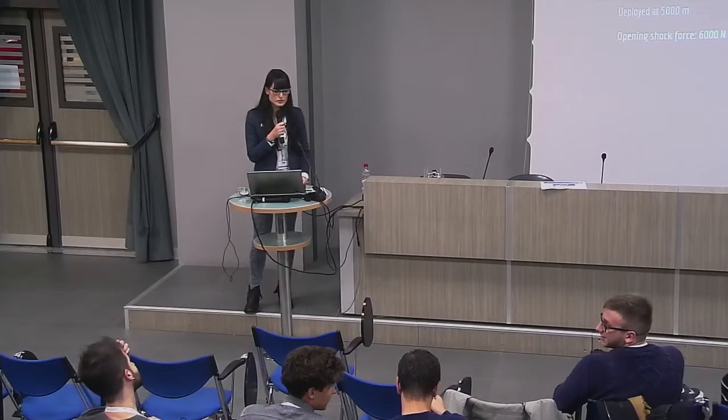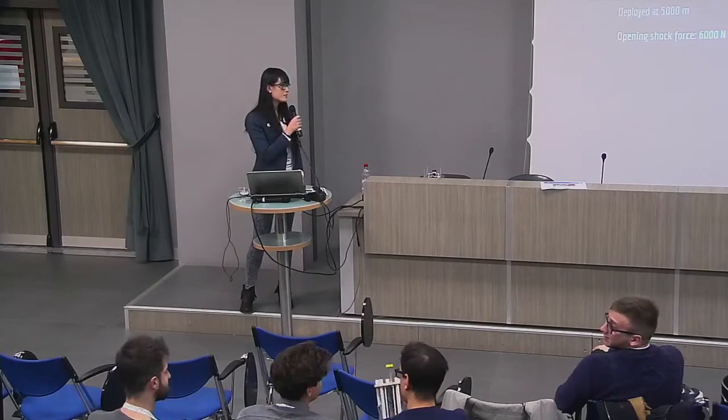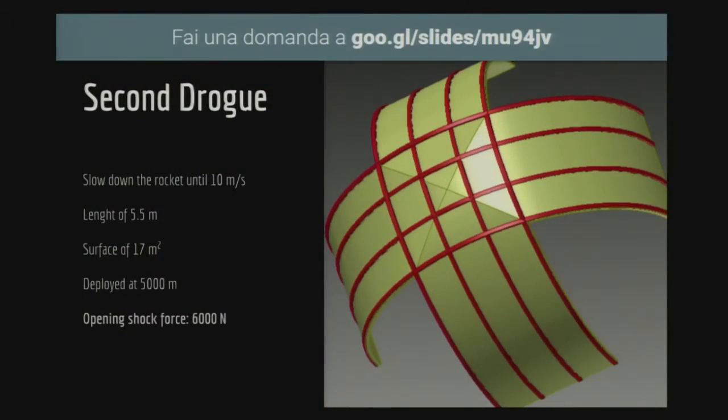The second one is the drag cross. They are the same as the R1X recovery system. Why? Because we used it, and we know that this system doesn't fail, I hope.